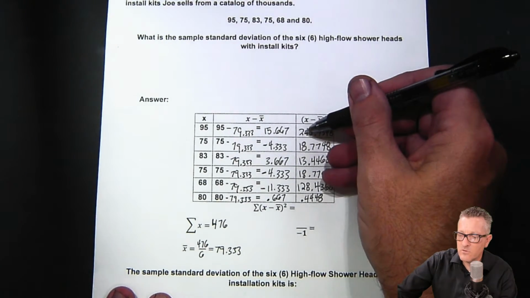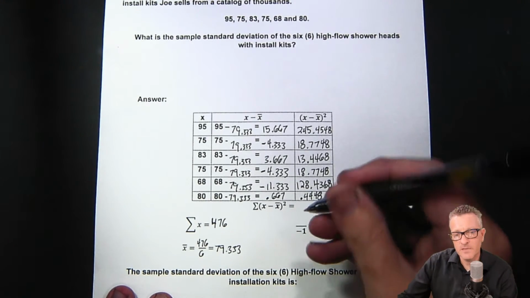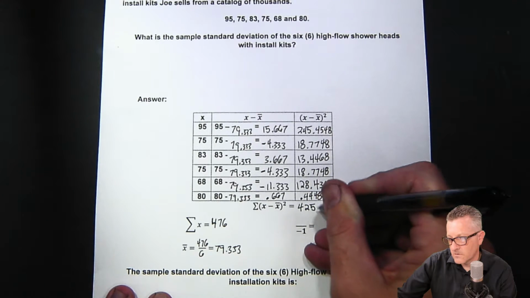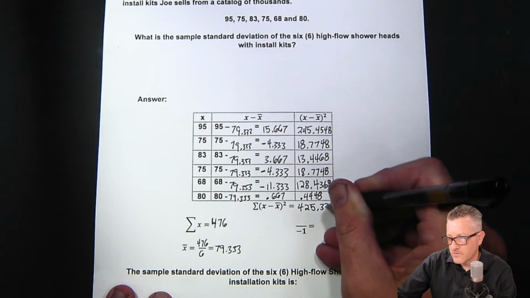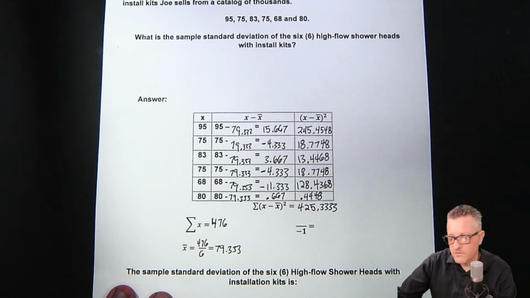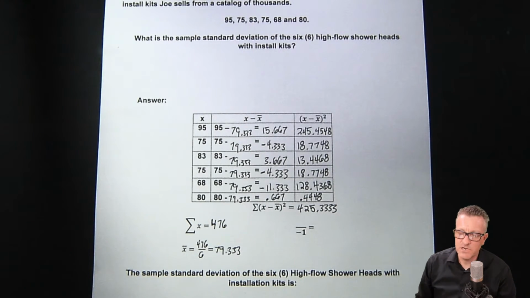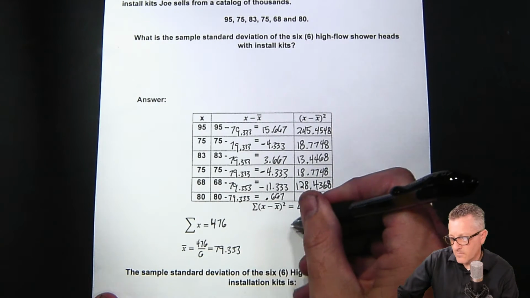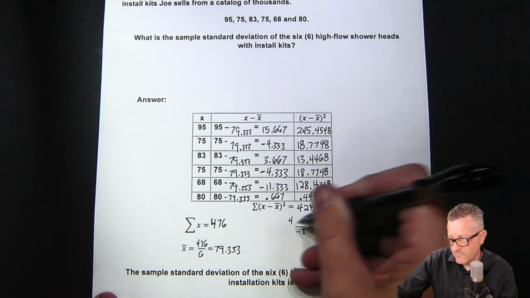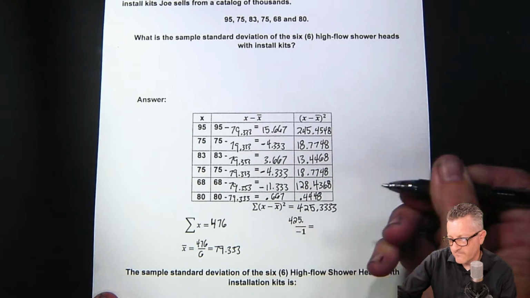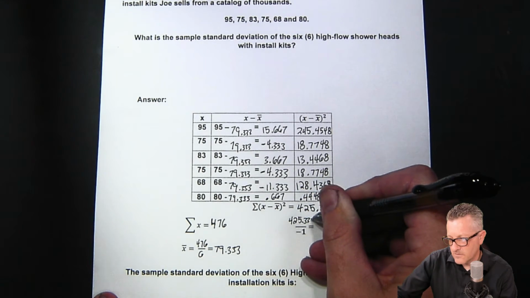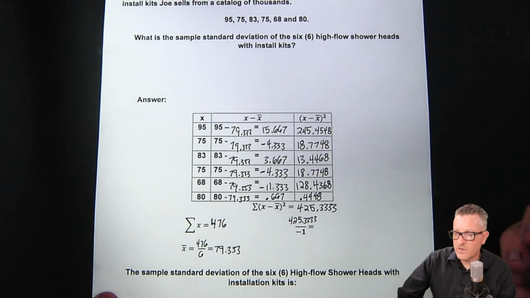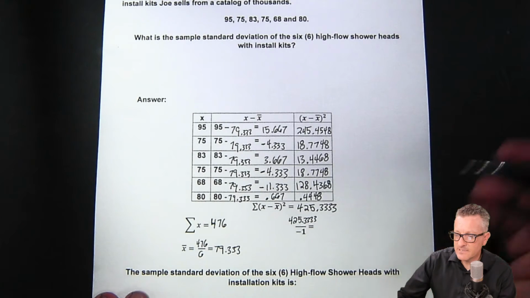So we add all these up, and I already worked this out. It ends up being 425.3333. Okay, so we have this huge number here, and that's fine. I'm going to write this right here. The regular formula has this value.